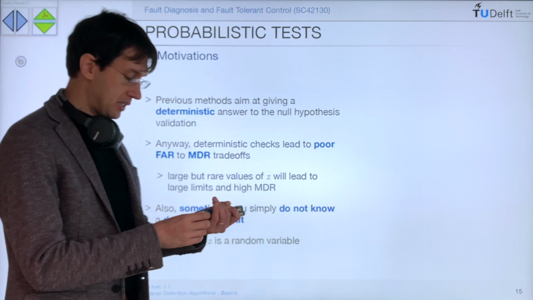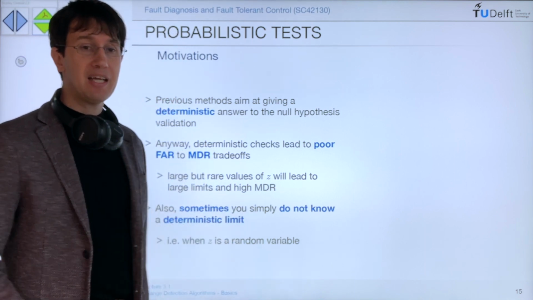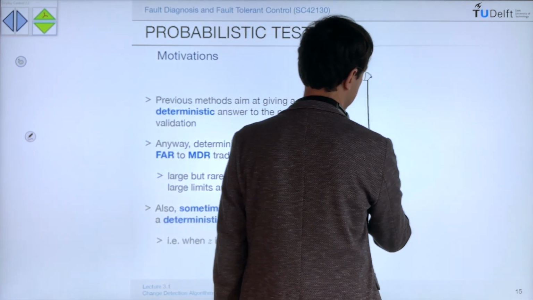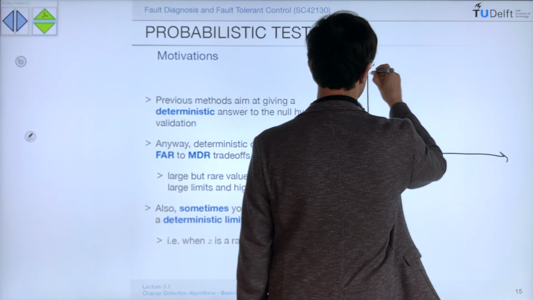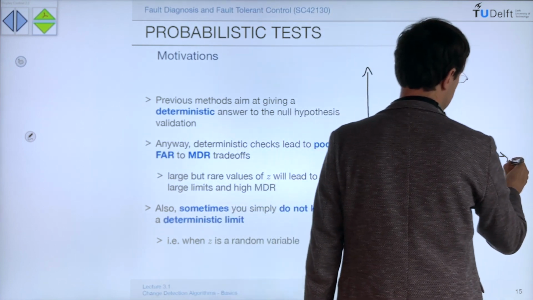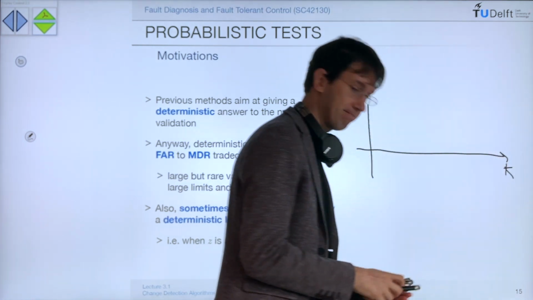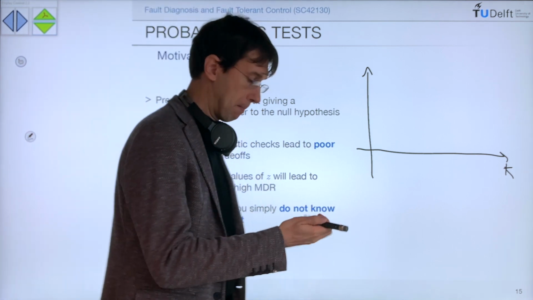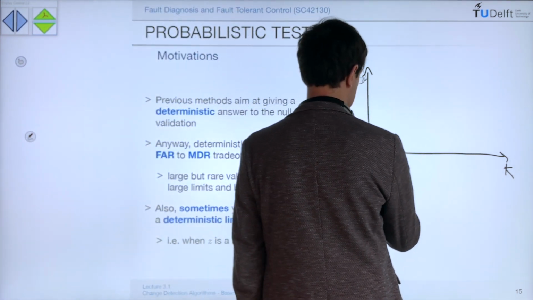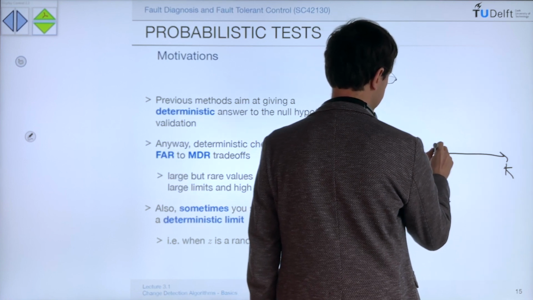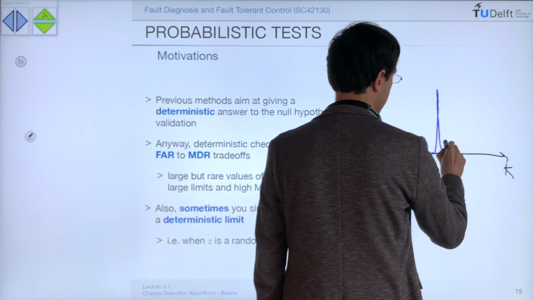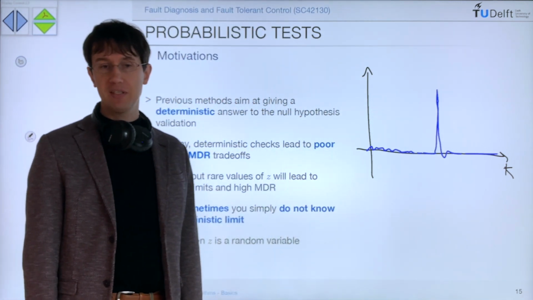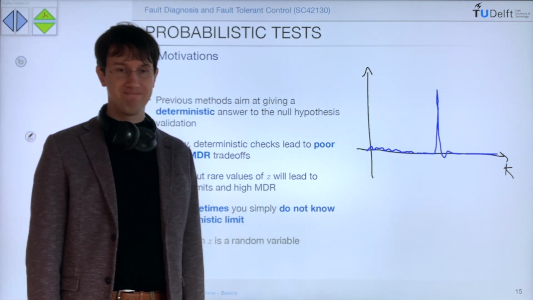The issue is that if you have a signal over time that is normally 0, but sometimes you can have this kind of behavior, you know that by itself this is not a fault.